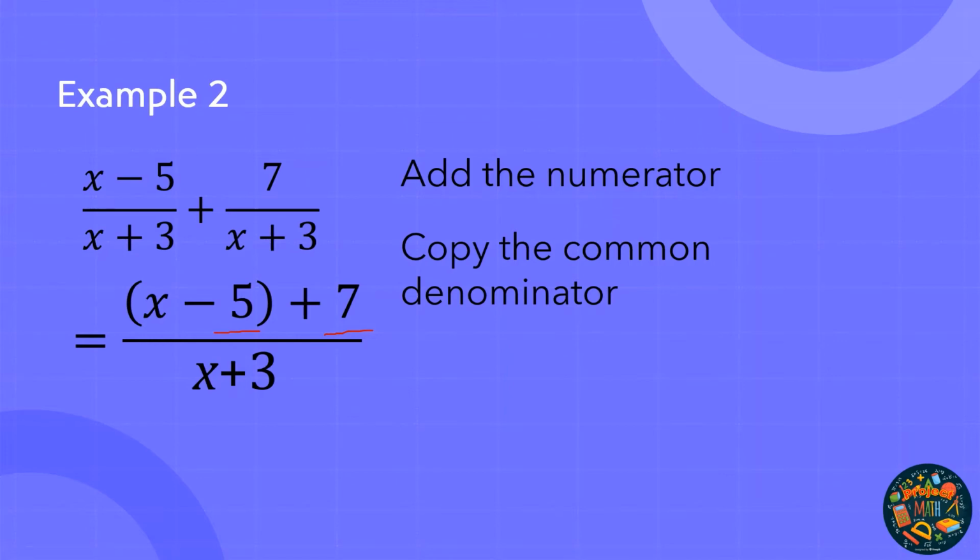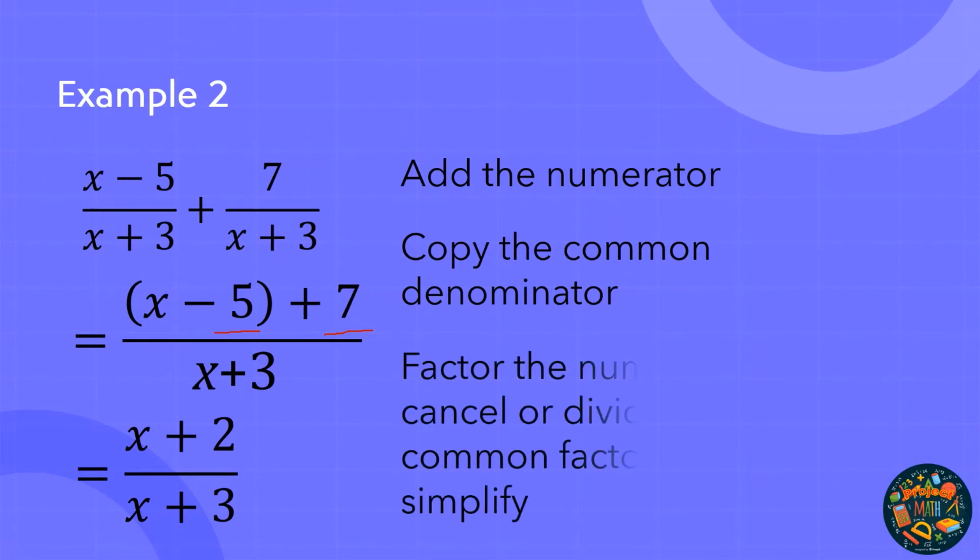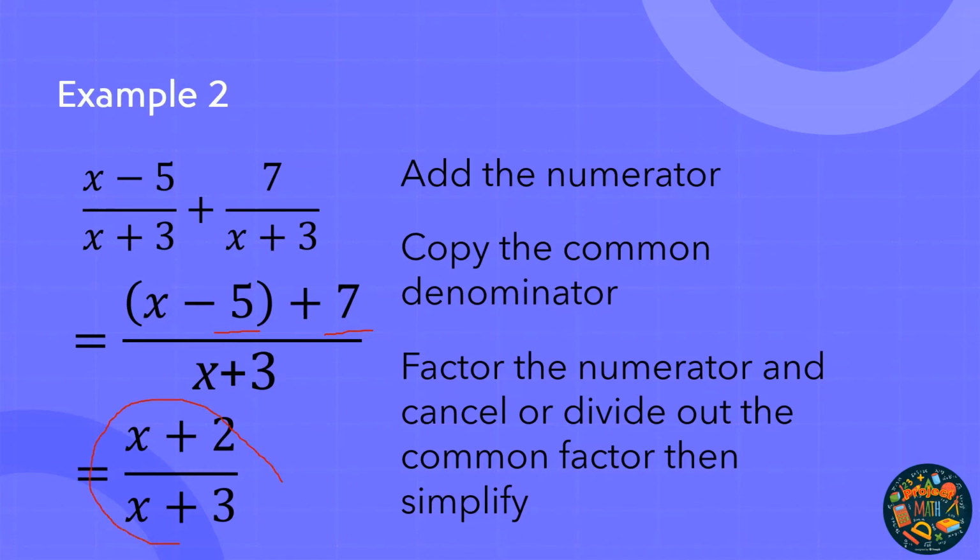So negative 5 plus 7 is equal to positive 2. Okay, so the expression will become x plus 2 over x plus 3. For step number 3, you have to factor the numerator if possible. Since x plus 2 is a prime polynomial, x plus 3 is also a prime polynomial, so therefore, this is now your final answer.